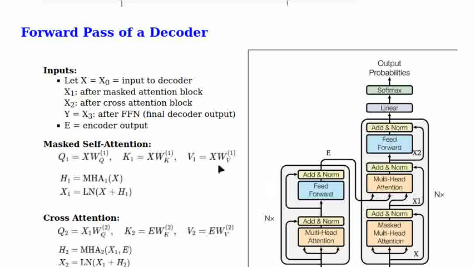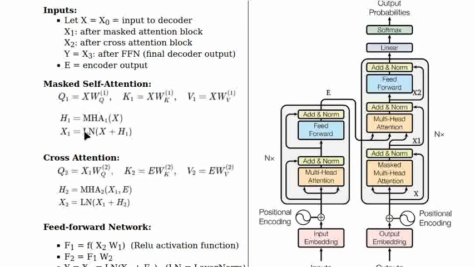And these are the equations for these blocks. For the masked multi-head attention, or the first attention block, we calculate Q1, K1, V1 from the input X, using the weight matrices WQ, Q means query, WK, K is key, and WV, V is value.